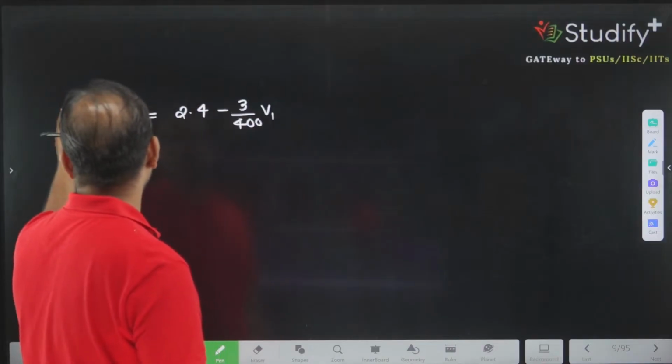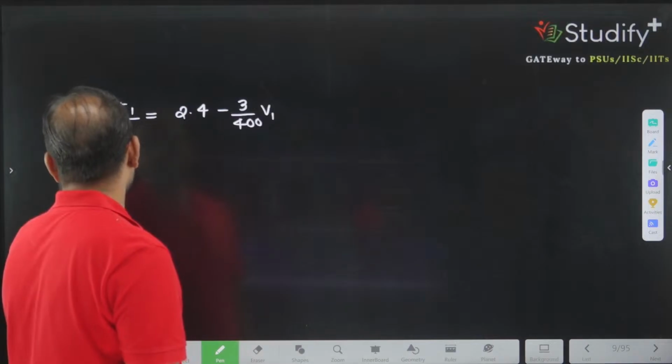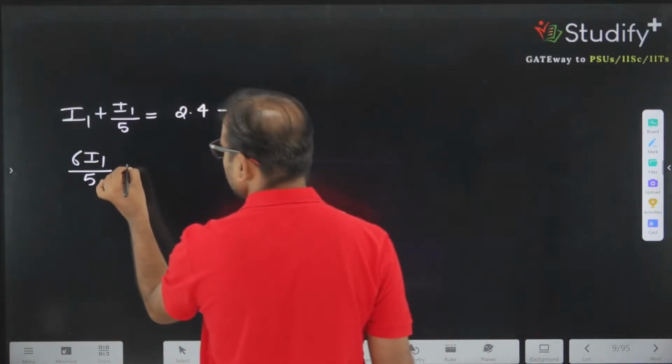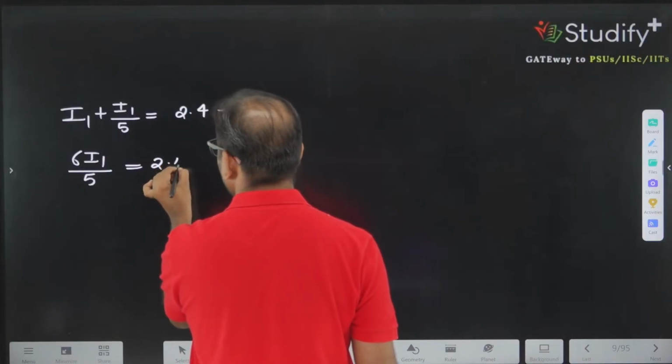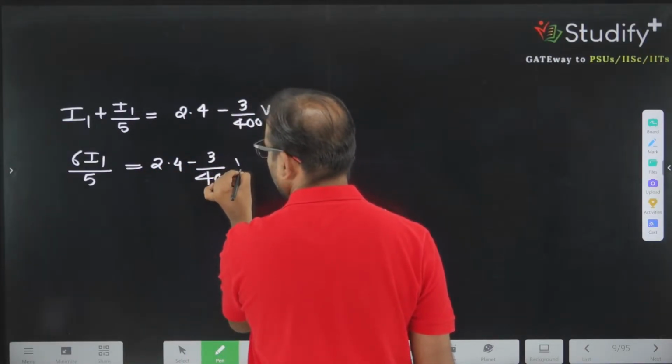Or you can say 6 I1 by 5 is equivalent to what? 2.4 minus 3 by 400 into V1.